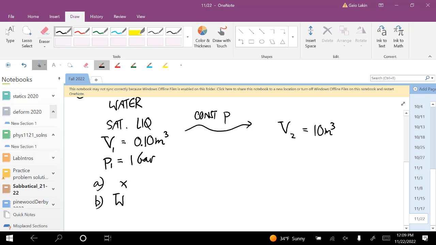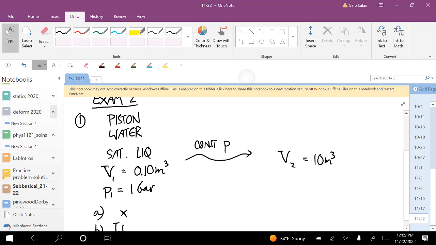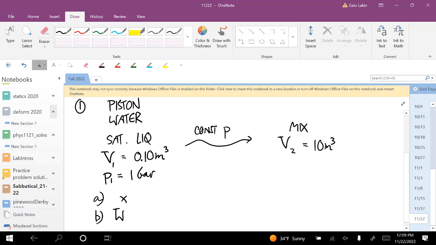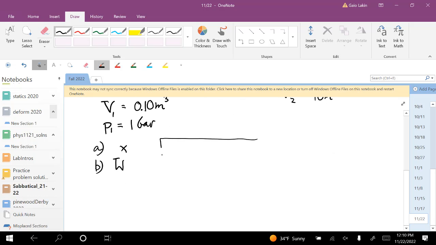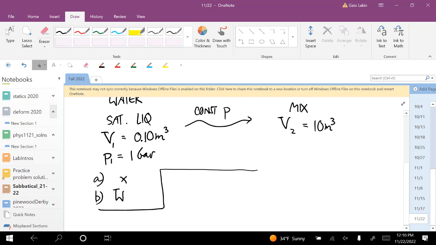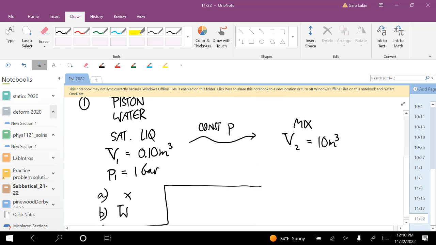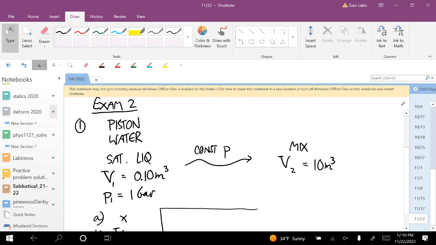And so the quality suggests that this is a mix at saturation. Okay, well, I gave you a table for water, and so you can look everything up, and one of the things you can look up is the specific volume.